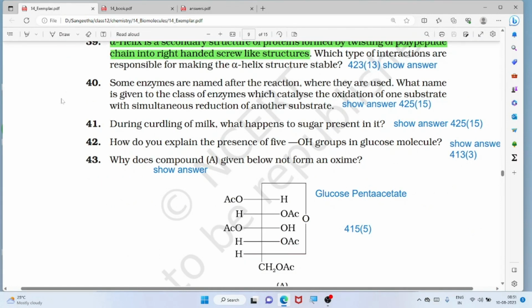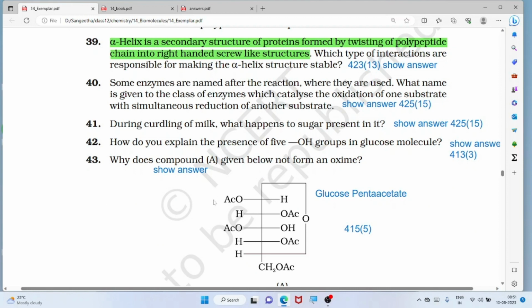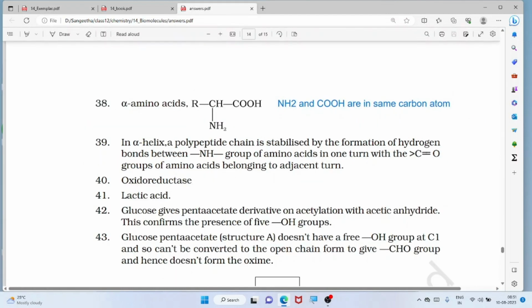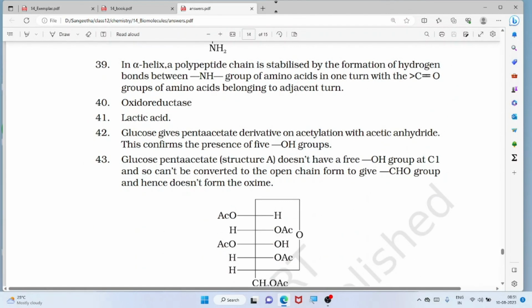How do you explain the presence of the five OH groups in the glucose molecule? Glucose forms a pentaacetate derivative on acetylation with acetic anhydride.